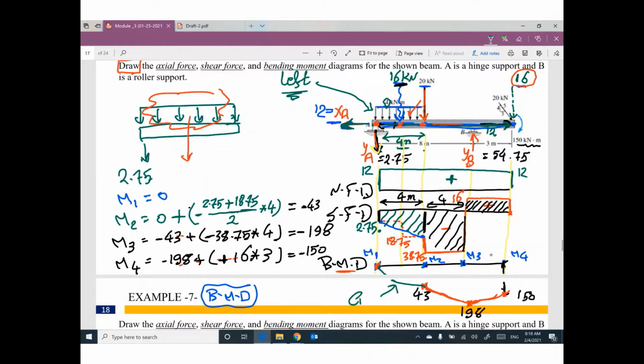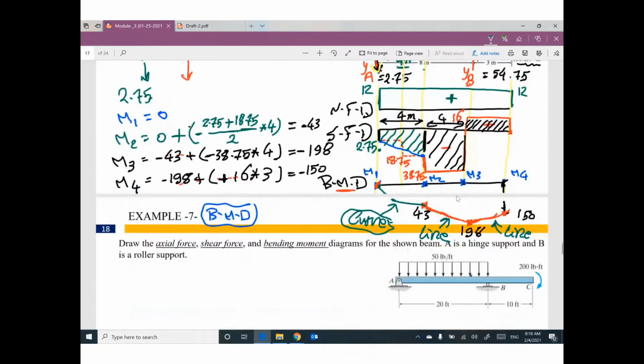This one is a curve, this one is a line, and this one is a line. So if you have a uniform distributed load and you have two values, one at the beginning, one at the end, we need to connect between both of them by a curve for the bending moment diagram.